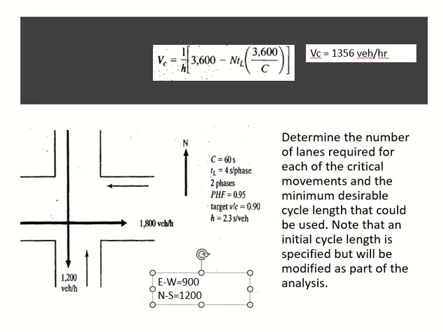Am I looking for 2100? No, I'm still looking for even lower. Which direction has more flow now? 1200, right? So I will now divide this into 2 lanes. So now the total is 1500. Did I meet the requirement?